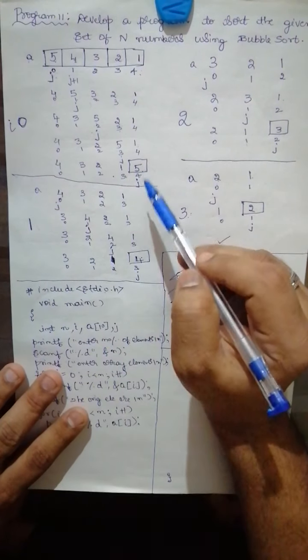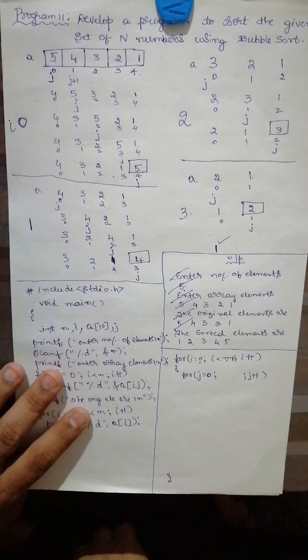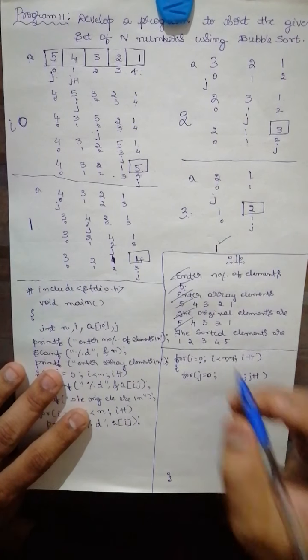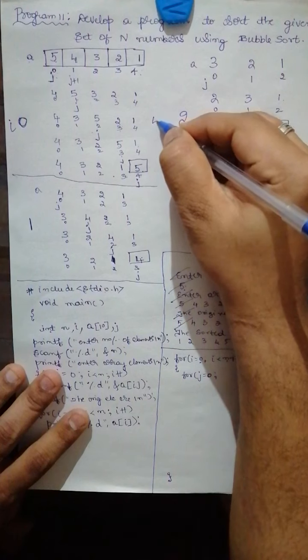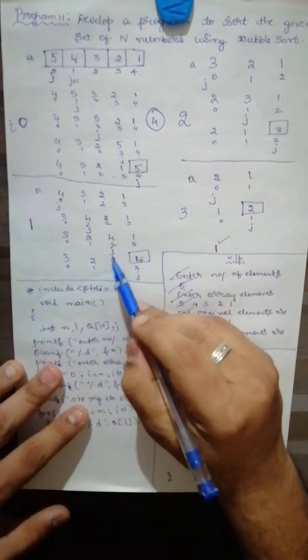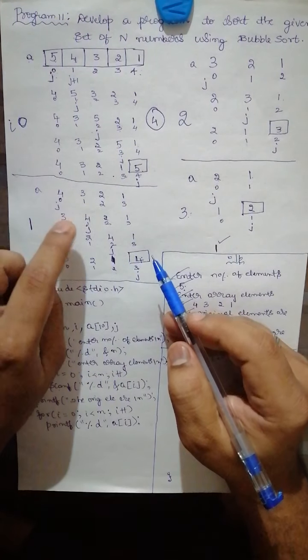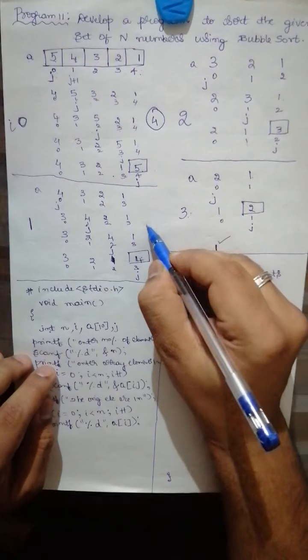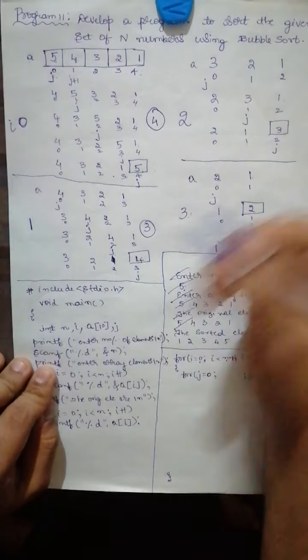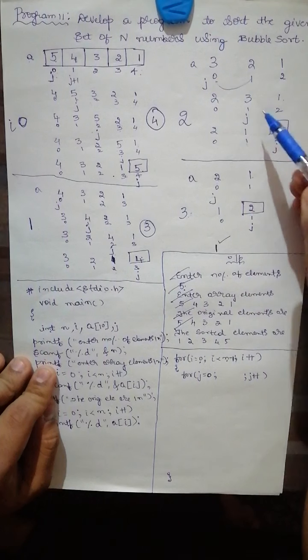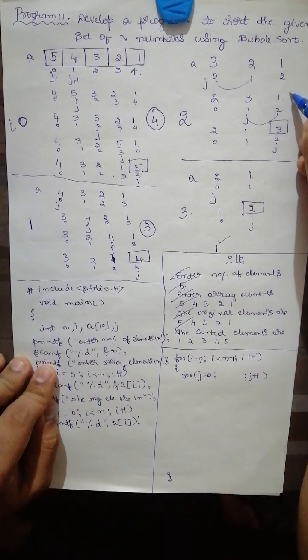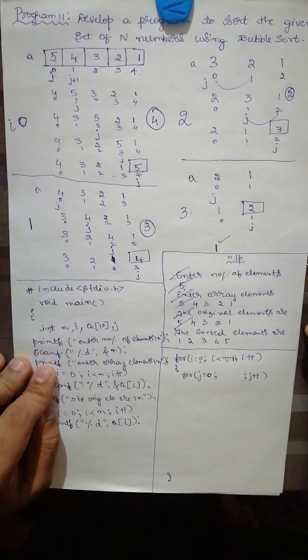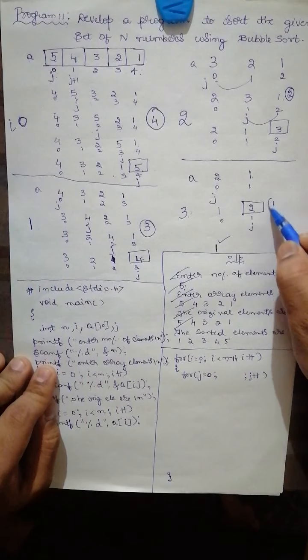So 4 times I need to perform this operation. 4 times I am doing the comparison. In the next operation, 1 time I am comparing and 2 times I am comparing. So 2 comparisons in the next operation. Here 1 time I am comparing.